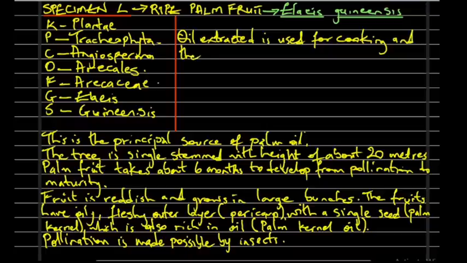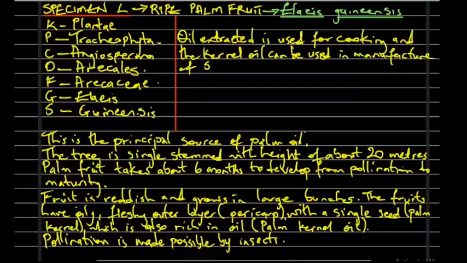And the kernel oil can be used in the manufacture of soap. They also use it in the manufacture of soap.